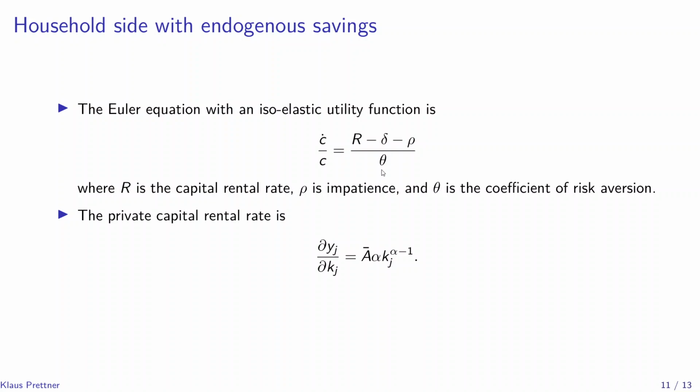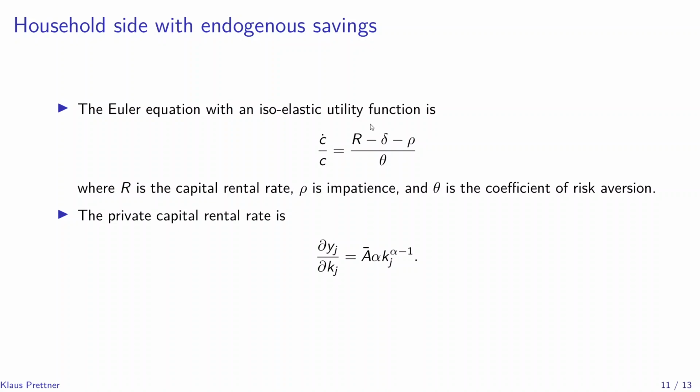So if the risk aversion is lower, then a certain gap between the interest rate and impatience induces a stronger change in consumption, so a steeper consumption profile. So ceteris paribus, if theta is lower and the difference between the interest rate and impatience is positive, then you would get a steeper consumption growth profile. You would get more consumption growth than if theta is higher.